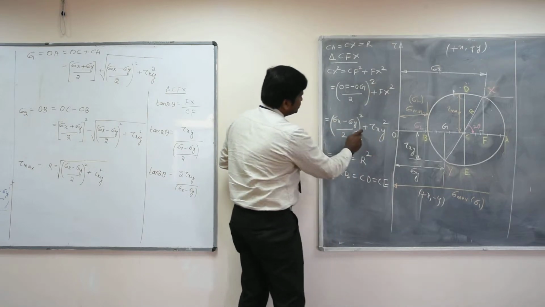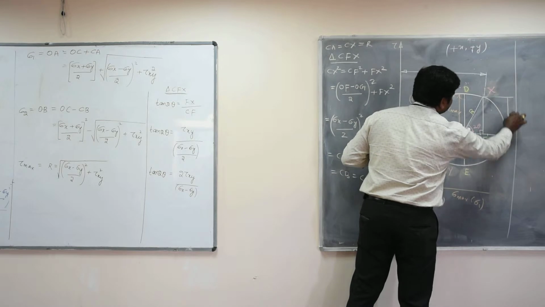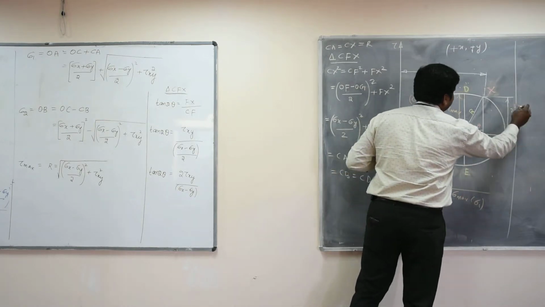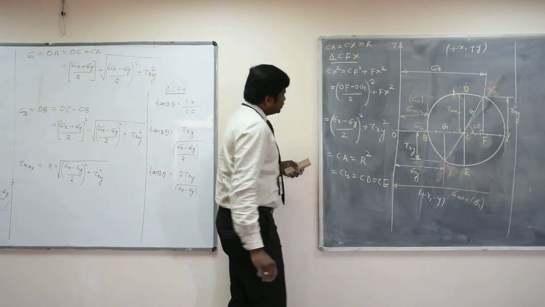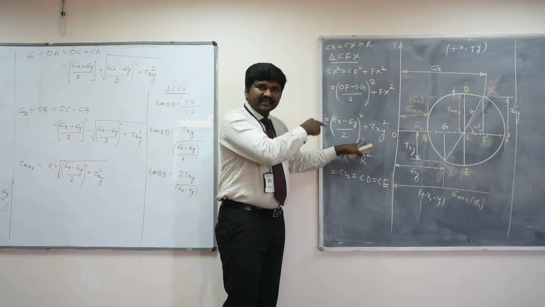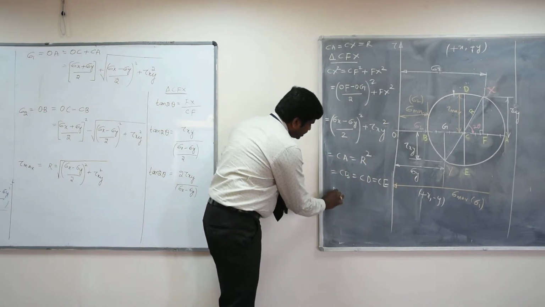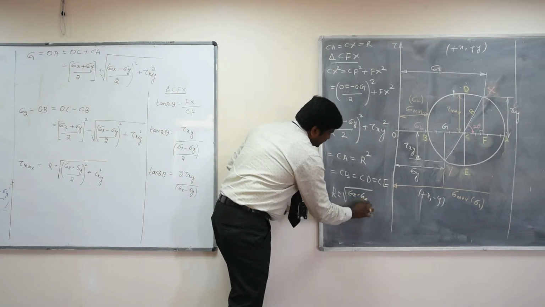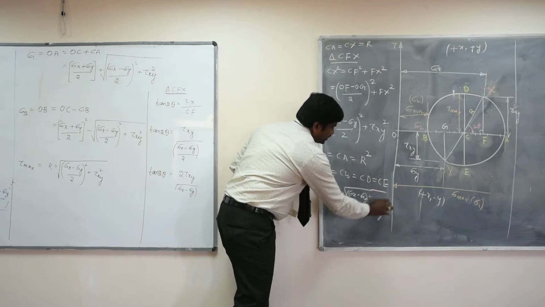FX is tau xy; this distance is tau xy, so tau xy square. If you see this equation, it is exactly similar to R, the radius of a Mohr circle. So CA is equal to R square. R is the root of sigma x minus sigma y by 2 whole square plus tau xy square.